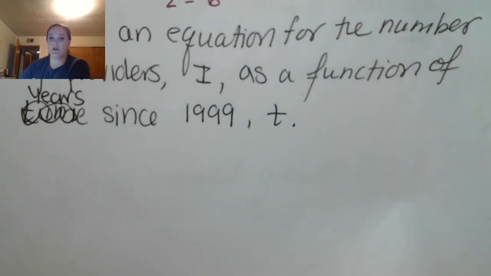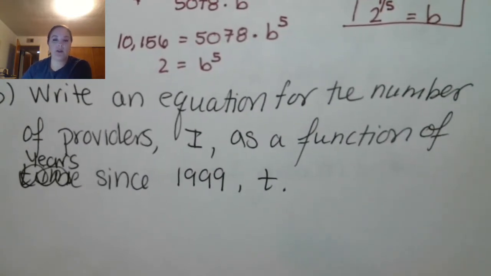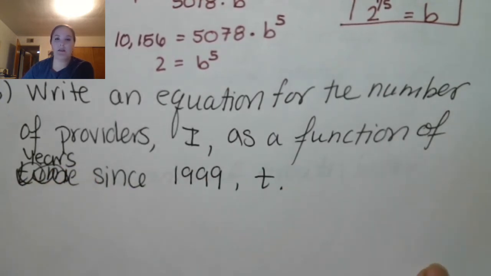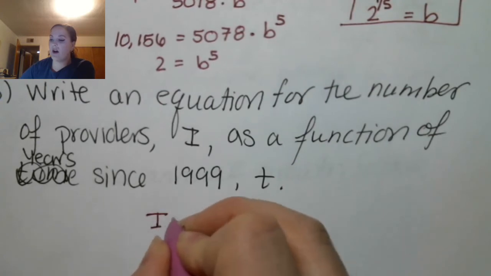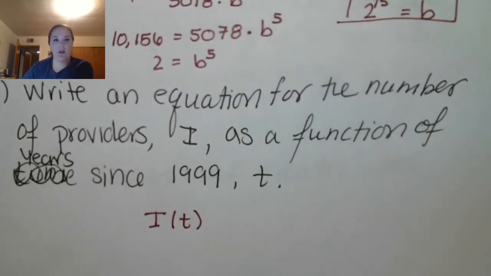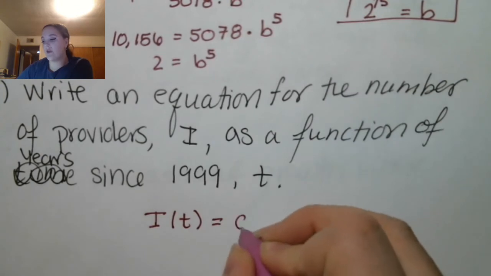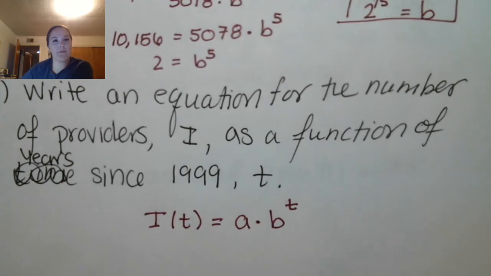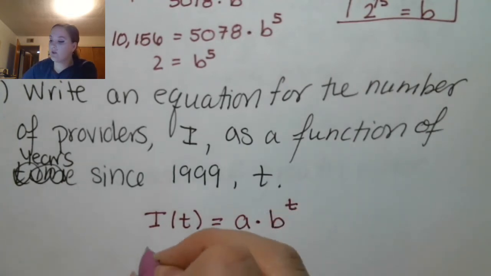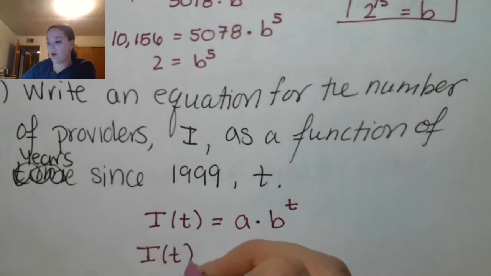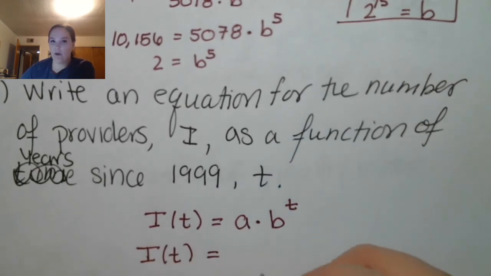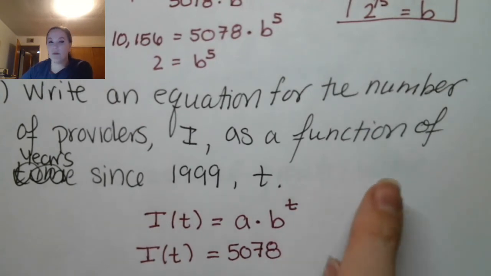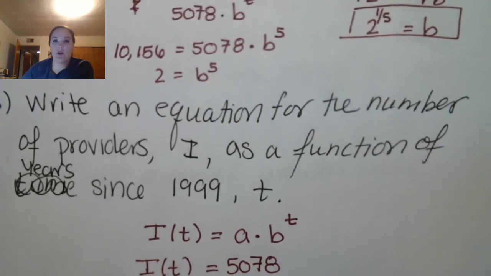So in part B, it says write an equation for the number of providers I as a function of years since 1990, t. So we want I of t, a function. We know that it's going to have this general form, which we talked about in part A. Then we're just going to fill this information in based on what we found in part A. We know that the initial amount A is 5,078, and we found in part A that b is 2 to the 1/5 power.